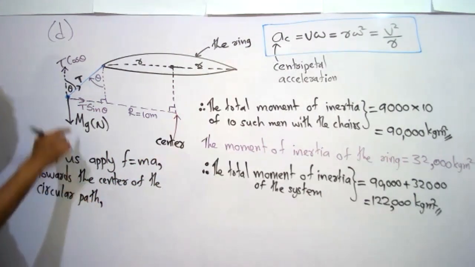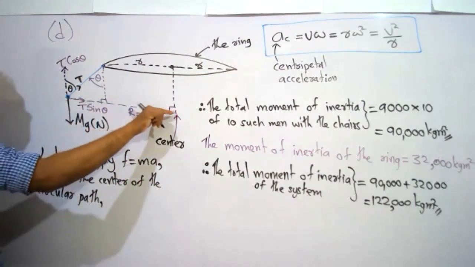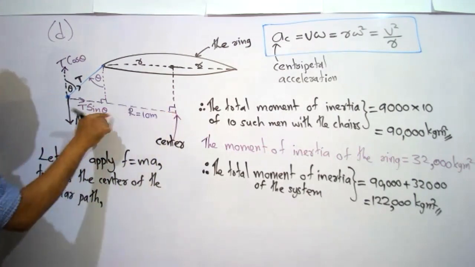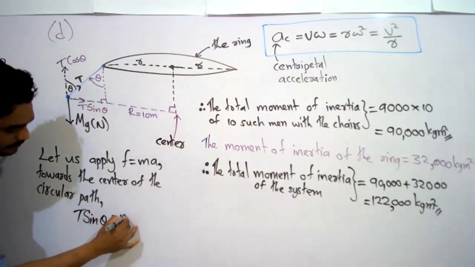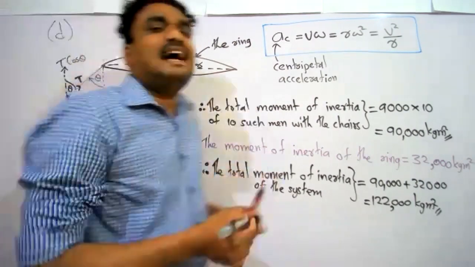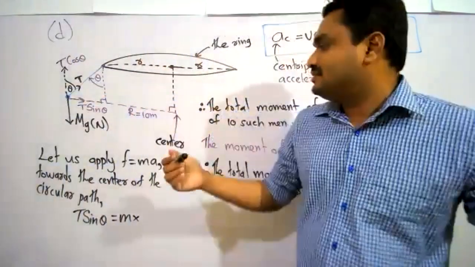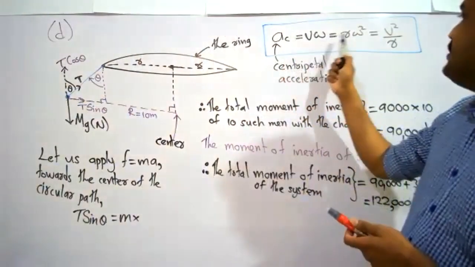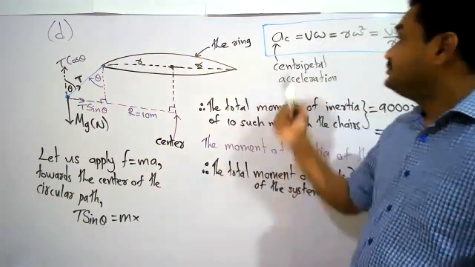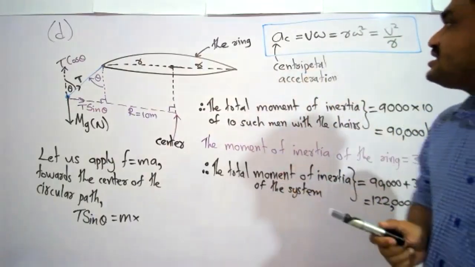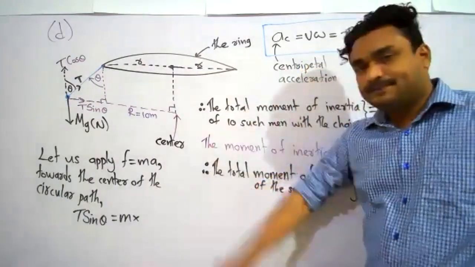The only force acting toward the center of the circular path is T sin theta. ma, where a is the acceleration towards the center. How many equations are there to find centripetal acceleration here? Three equations. So which is the best equation to be used here?